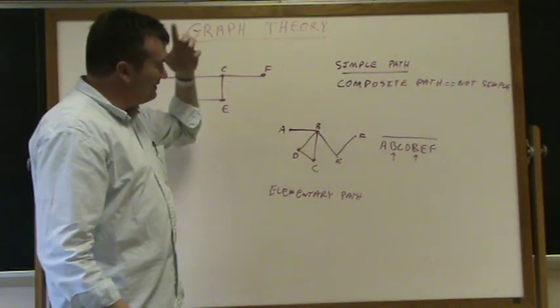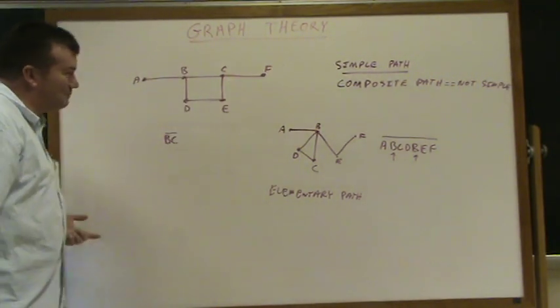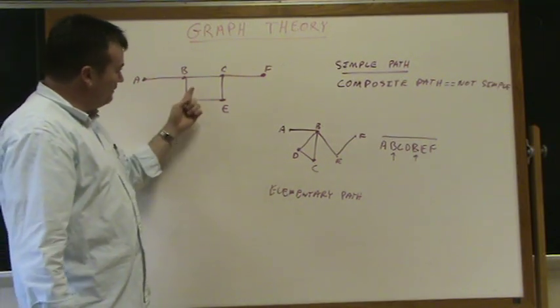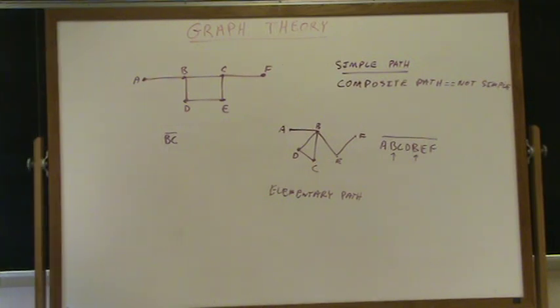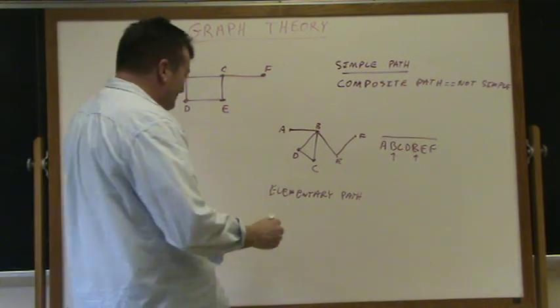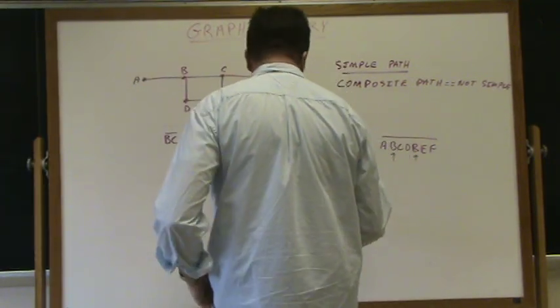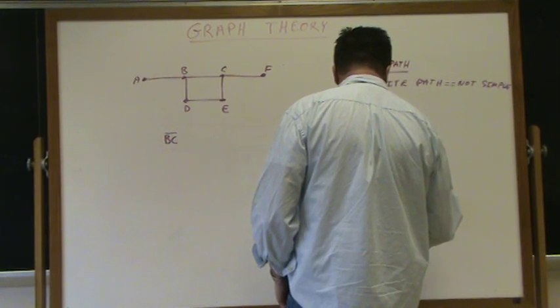But I wouldn't expect anyone to remember this: one of them means you don't use the same edge twice, and one of them means you don't use the same vertex twice. It would have been nice if it had a name like simple path V and simple path E. But anyway, this is an elementary path.